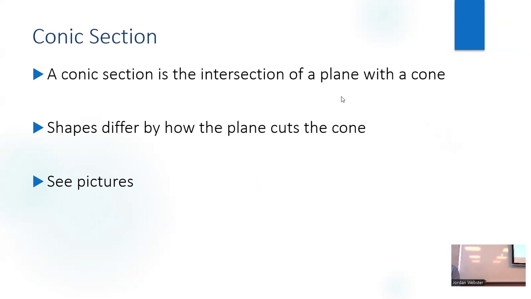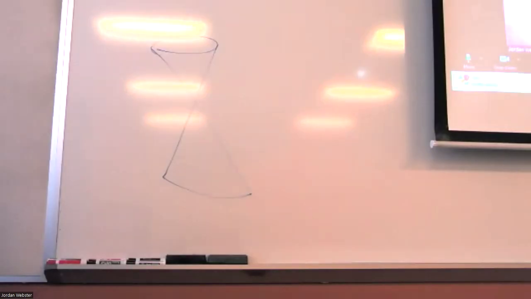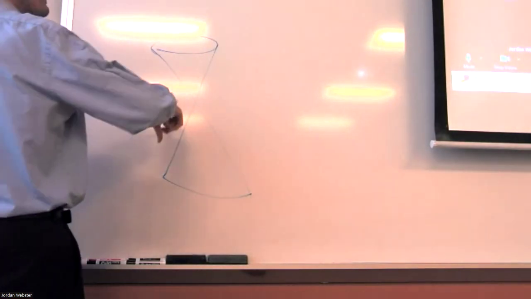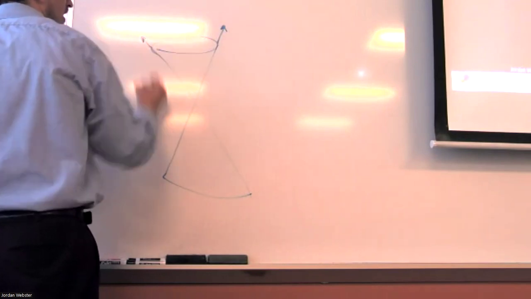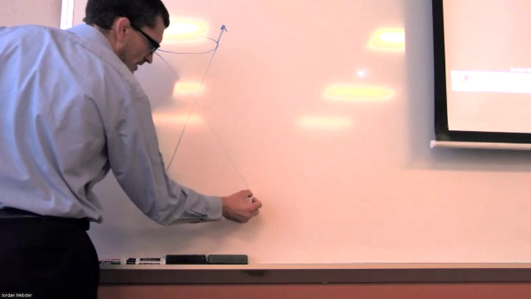Now, when I talk about a cone, I'm talking about an infinite cone. So if I were to draw this on the board, an infinite cone goes out forever this way and forever this way.